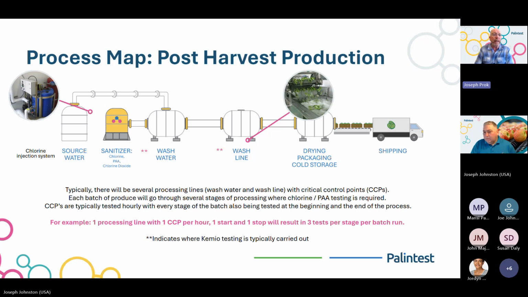And then from there, it advances down the conveyance, moved either by way of float or by way of conveyor into a wash water application where a sanitizer is applied, and sometimes even in conjunction with a soapy water or surfactant to help remove not only the dirt, but maybe also the sprays and some of the other lingering effects that are collected within the field.